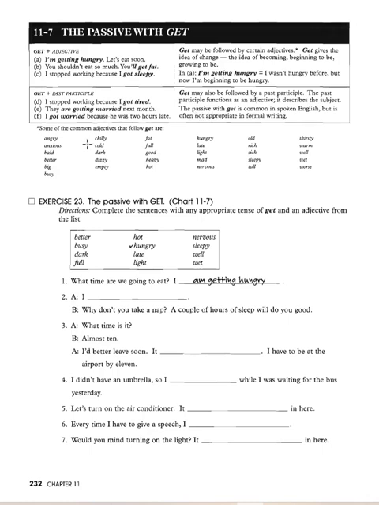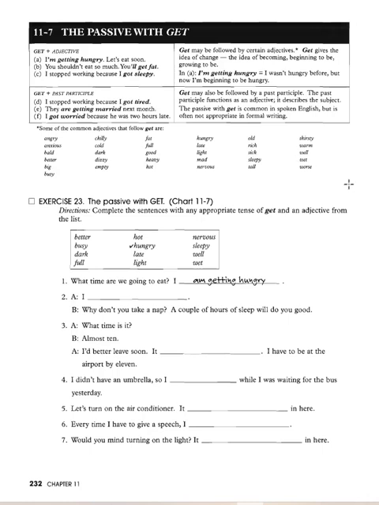So I get angry, I get anxious, I get bald, I get better, I get busy, I get chilly, I get cold, I get dizzy, I get empty, I get fat, good, heavy, so hungry, light-headed, I get mad, I get nervous, I get old, I get rich, I get sleepy, I get thirsty.